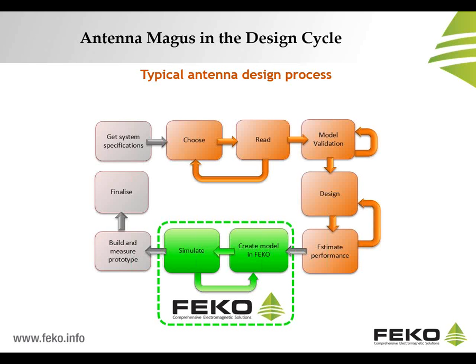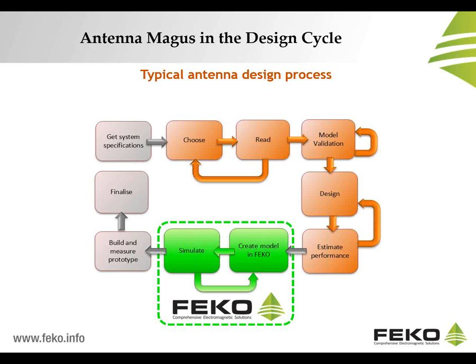You might have to read a little bit about this, so a literature study. You design a model and validate it in some way, and then you have to estimate the performance. Once you've estimated the performance, you might have to rework your design a bit. You might have to revalidate your design. You might even have to go as far back as choosing an entirely new topology because you figured out the first one doesn't actually do what you would like it to do.